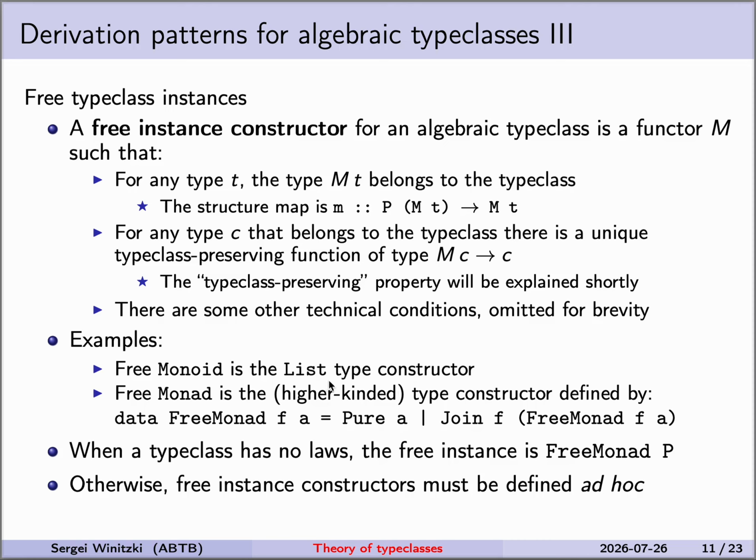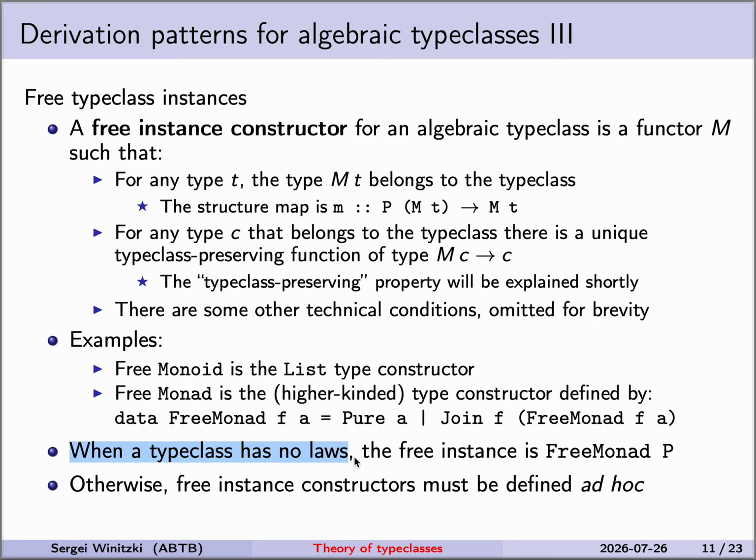you can find usually the constructor for most type classes, but you have to find them for each type class separately. There is no recipe that gives you the free instance constructor for any given type class just as a function of p, say. There is no such recipe, except when the type class has no laws.